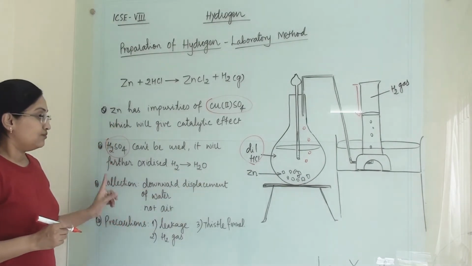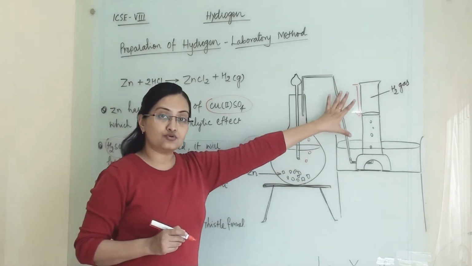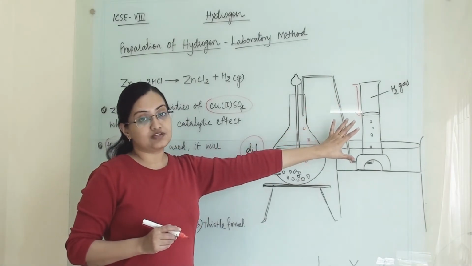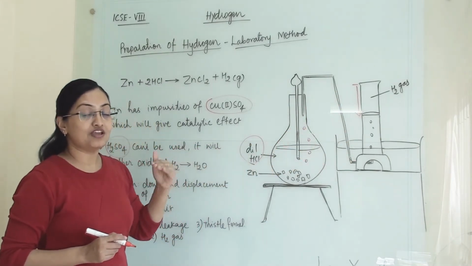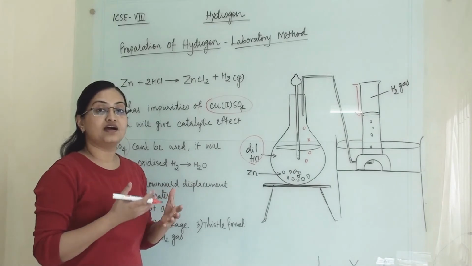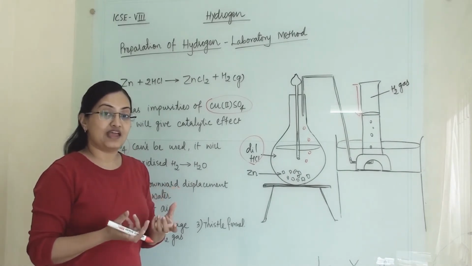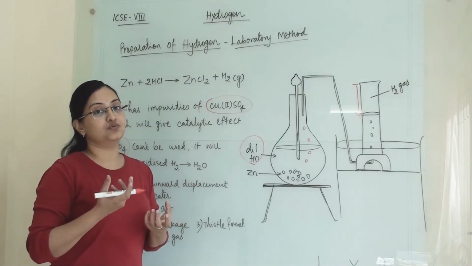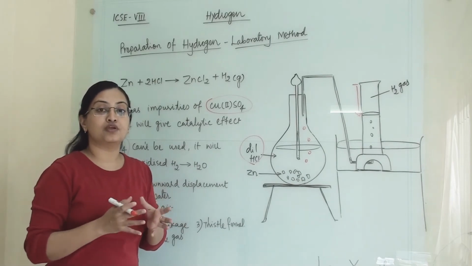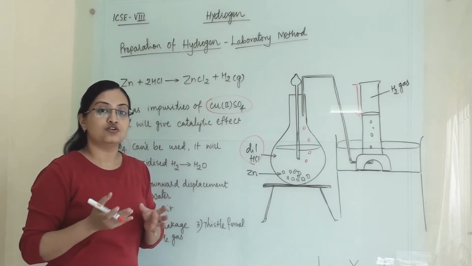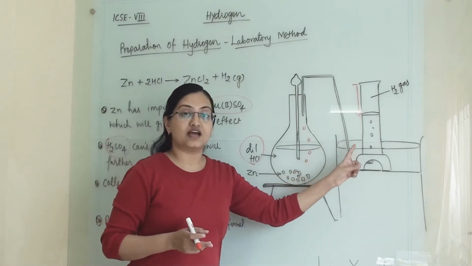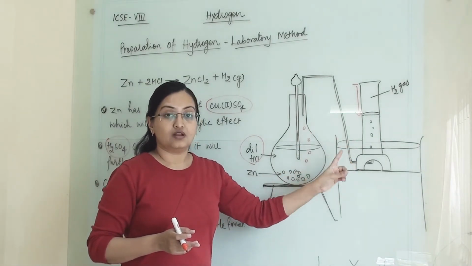Then collection. We have to collect the hydrogen gas via downward displacement of water. Why? Because if we collect it via downward displacement of air, then hydrogen gas will mix with air, and an air-hydrogen mixture is quite explosive. So we cannot collect hydrogen gas along with the air.